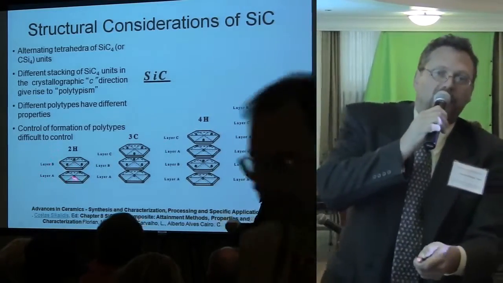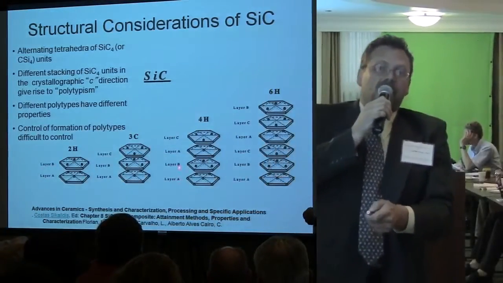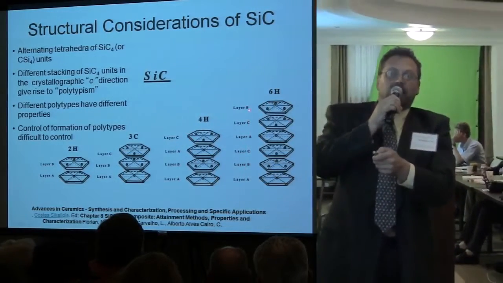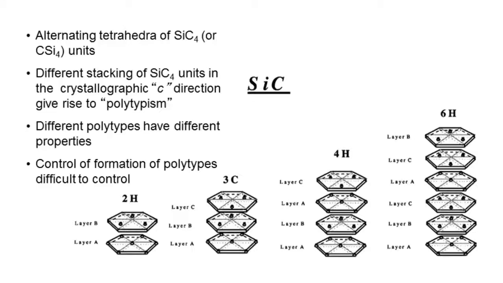Now look, AB, ABC, ABAC, ABC, ACB. Why is this permissible? This is permissible because that tetrahedron can be stacked. It's symmetric in all directions. So it can be stacked in these different configurations, and it's nevertheless the same, okay?